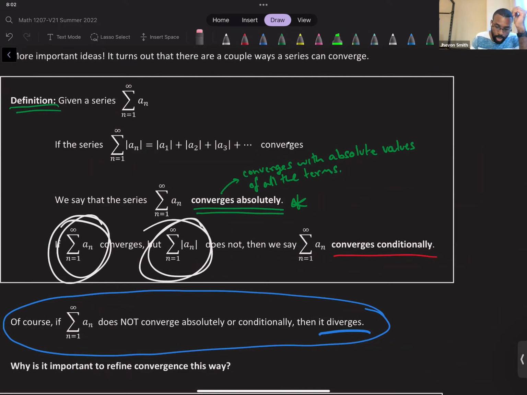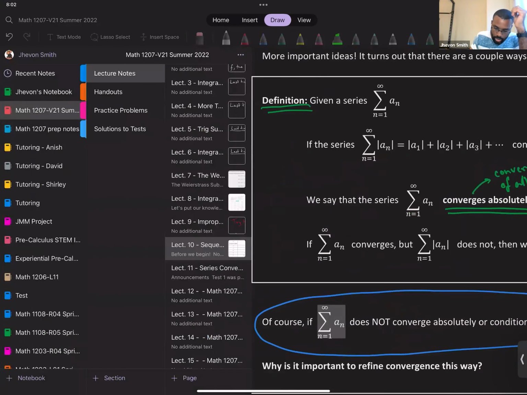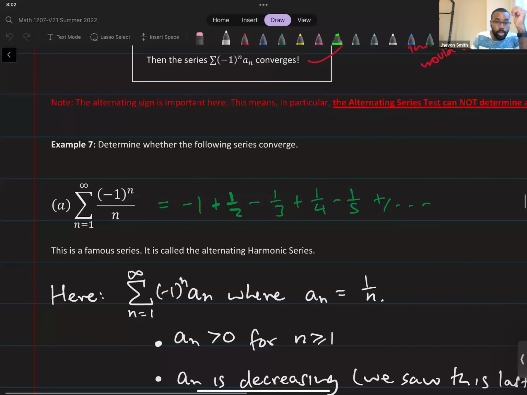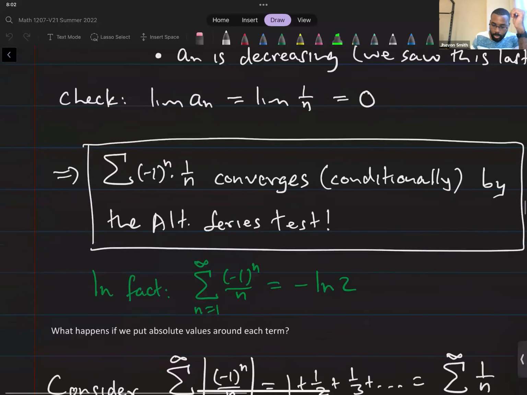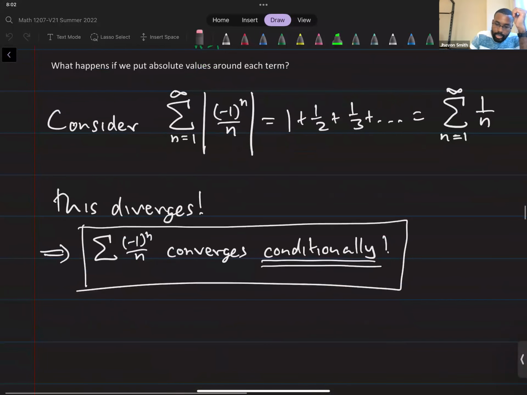That's the situation we are in here. The original series converges, and we can prove that by the alternating series test. However, if I put absolute values around it, I get something that diverges. So this guy converges, but it converges conditionally. It does not converge absolutely. So this is an example of such a thing.